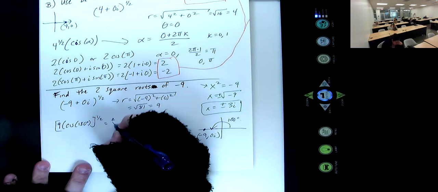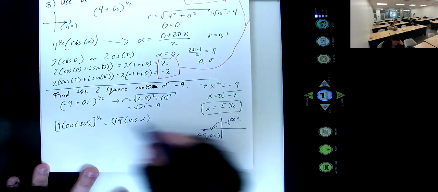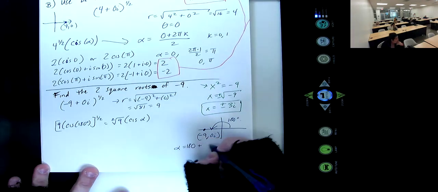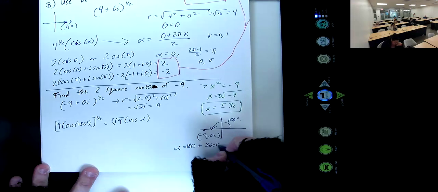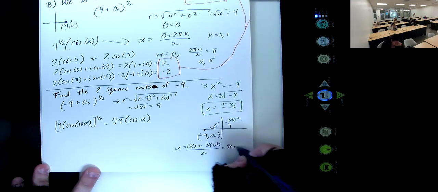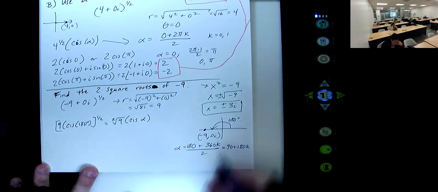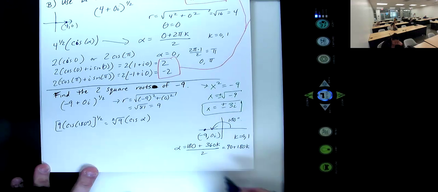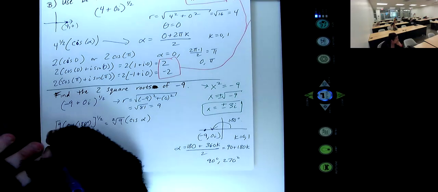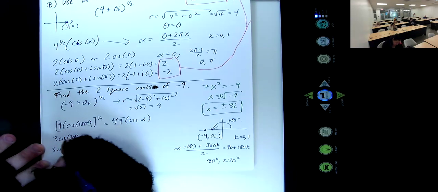That is the square root of 9 times cis alpha, where alpha is 180 plus 360k over 2, which is going to be 90 plus 180k. K equals 0 to 1, 0 and 1. So we're going to have 90 degrees and 270 degrees. So we have 3 cis 90 and 3 cis 270.